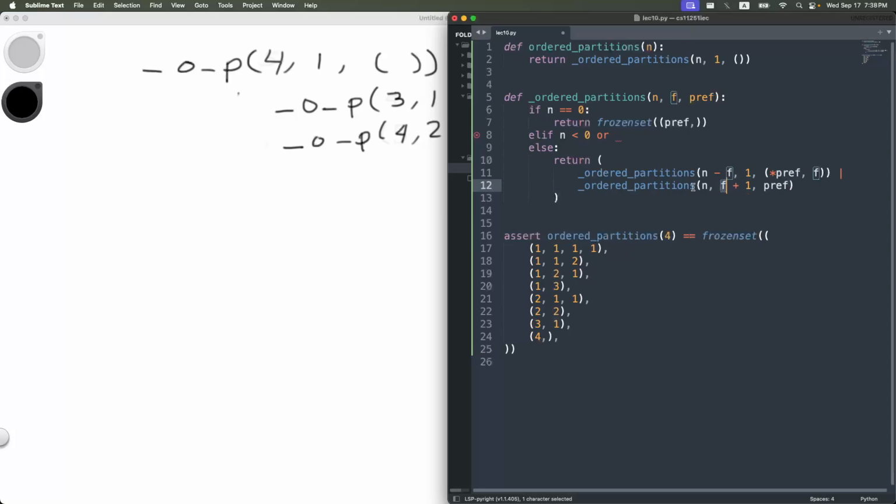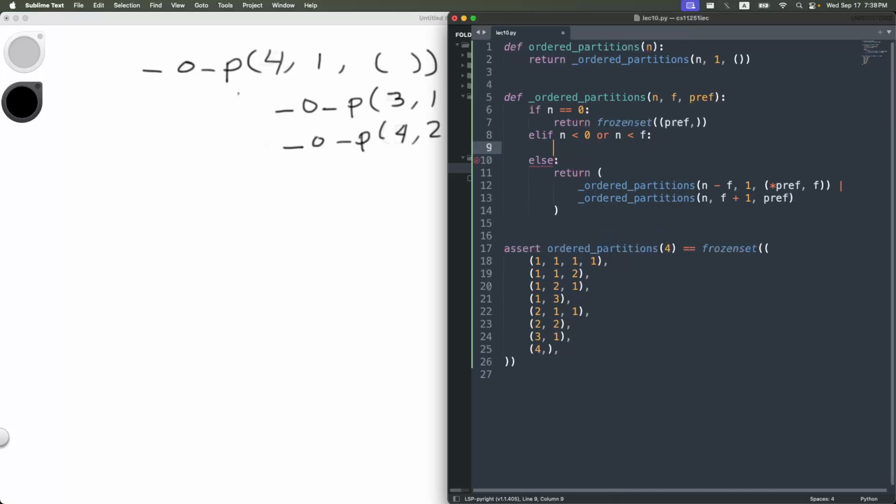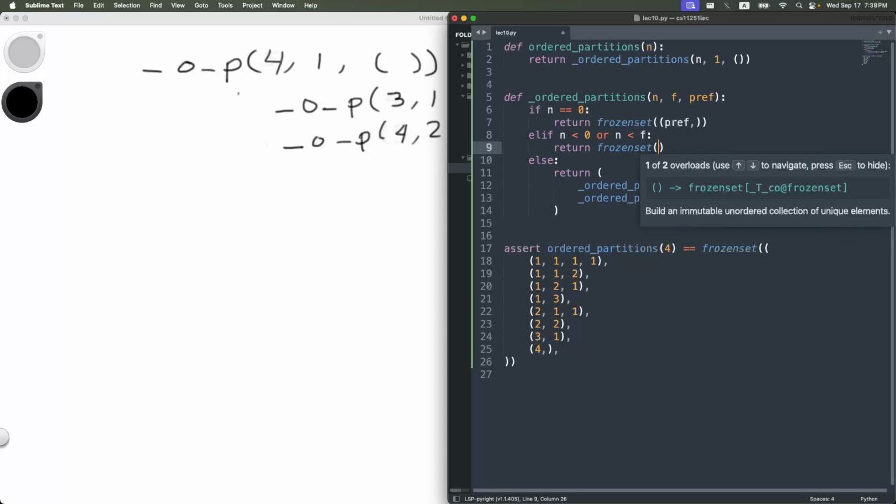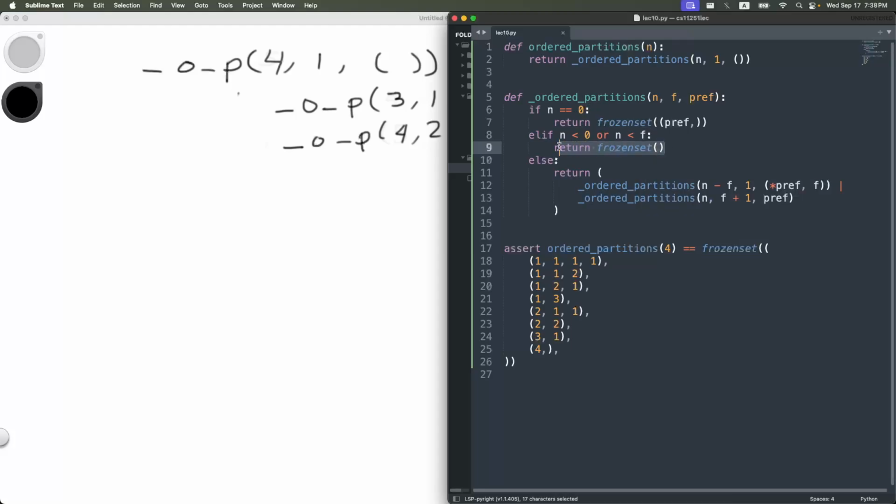If f exceeds the value of n, then we can no longer partition n where the first partition is of size at least f, if f is greater than n. So you can do it like this: f is greater than n, or n is less than f. Then return a frozen set containing nothing. There are no partitions for when this happens.